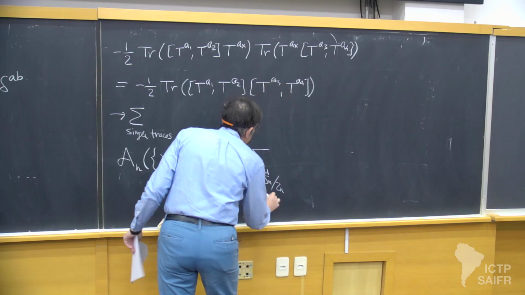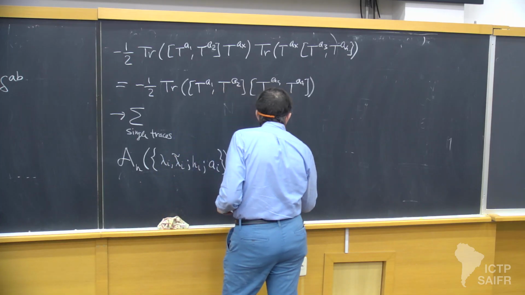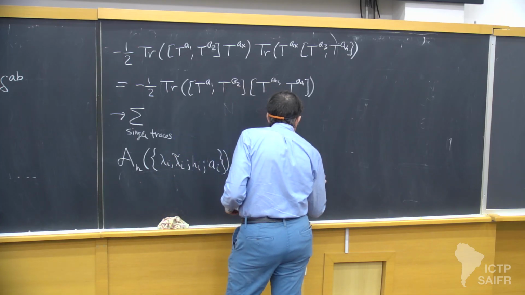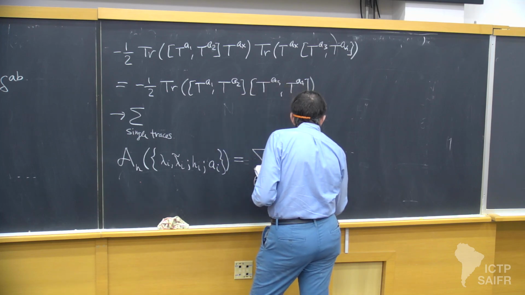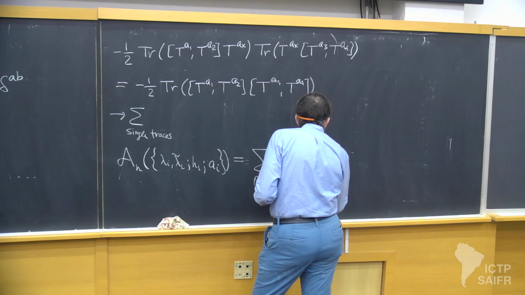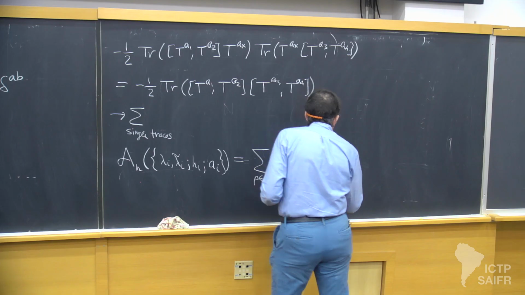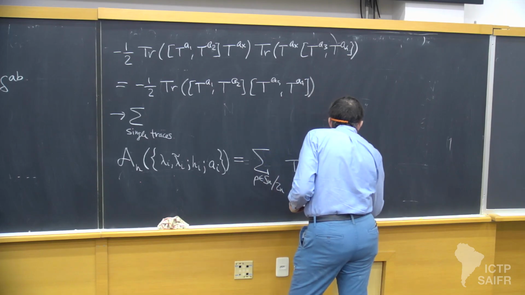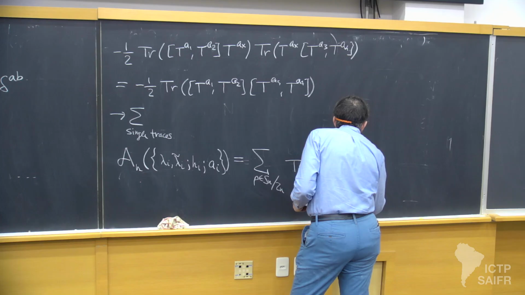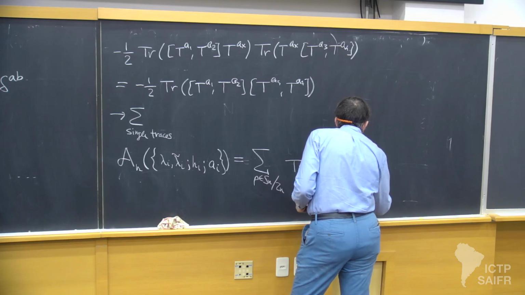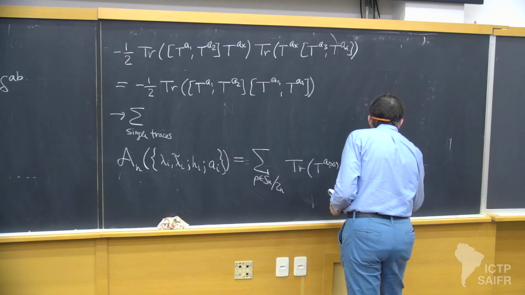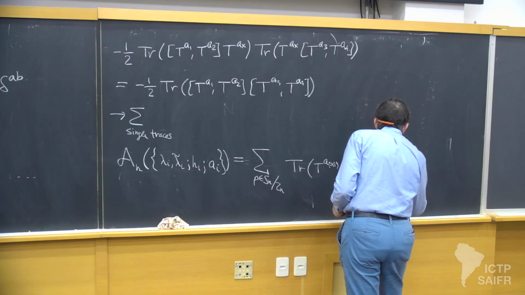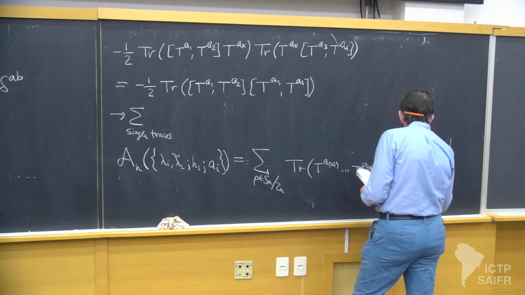So, well, let me write it out first, actually. And again, I'm dropping the factors of the coupling. So we have a single trace with the indices arranged according to the permutation, and that is multiplied by a color-ordered amplitude.